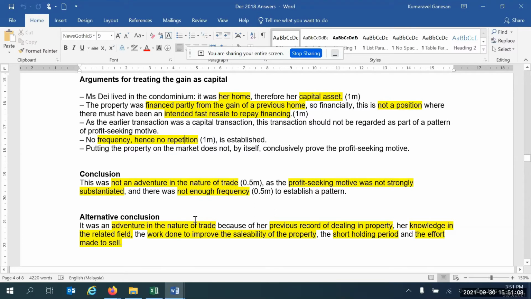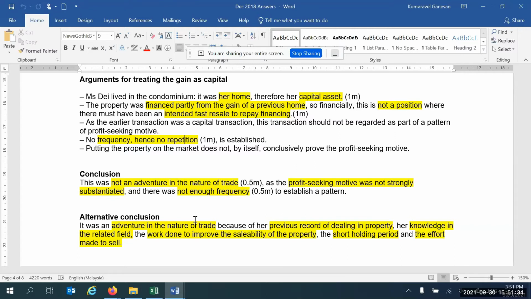Now, what do you write in the conclusion? You just write your main points. No need to write all, just write your main points. You can accept adventure in the nature of trade because it's a short holding period. If you want to write back all your summarized points, okay, but just summarize it.